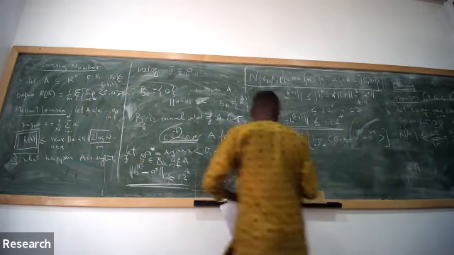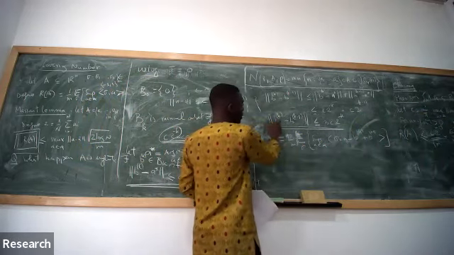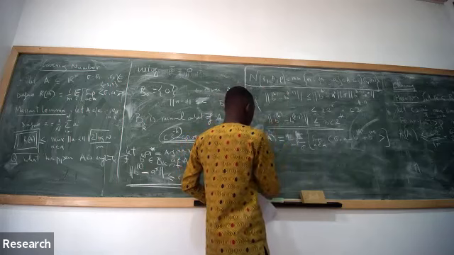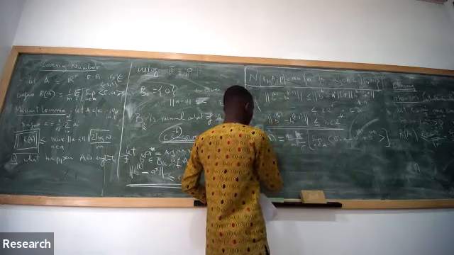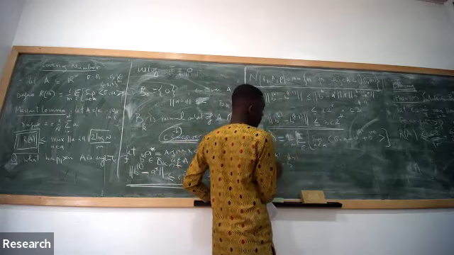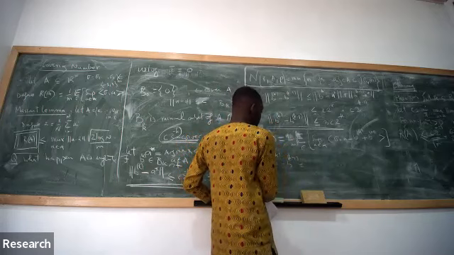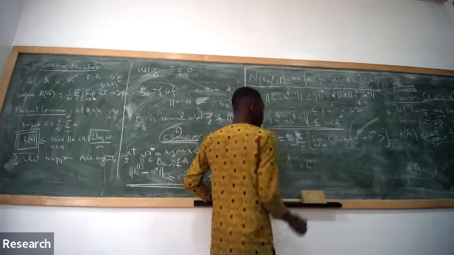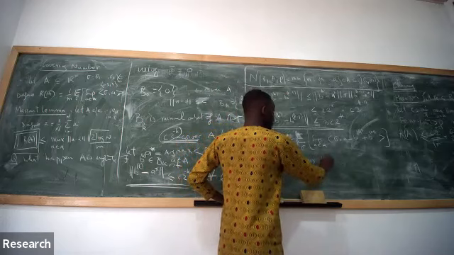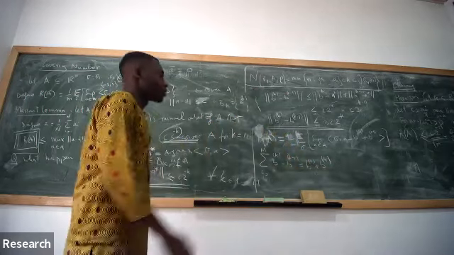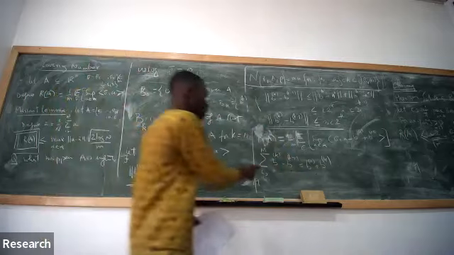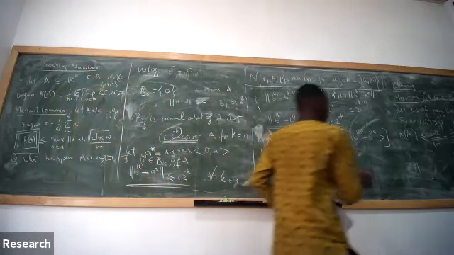It's because if I take the summation from k equals 1 to m of B_k minus B_{k-1}, this will give me B_0 plus B_m, because it will cancel out. That's what I want to use here.